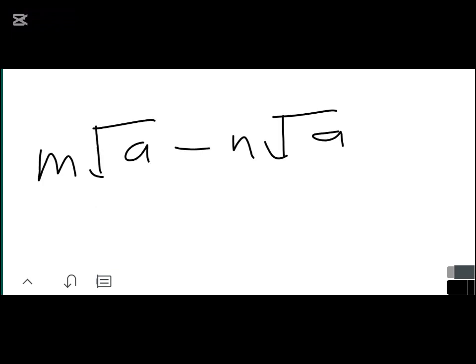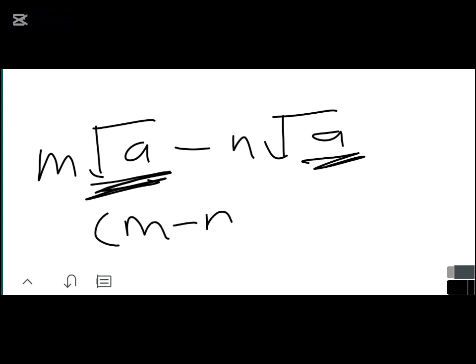They are of the same form or alike because whatever is in this square root sign is the same here. So in subtracting this, we have our bracket m minus n, bracket close, then square root of a.